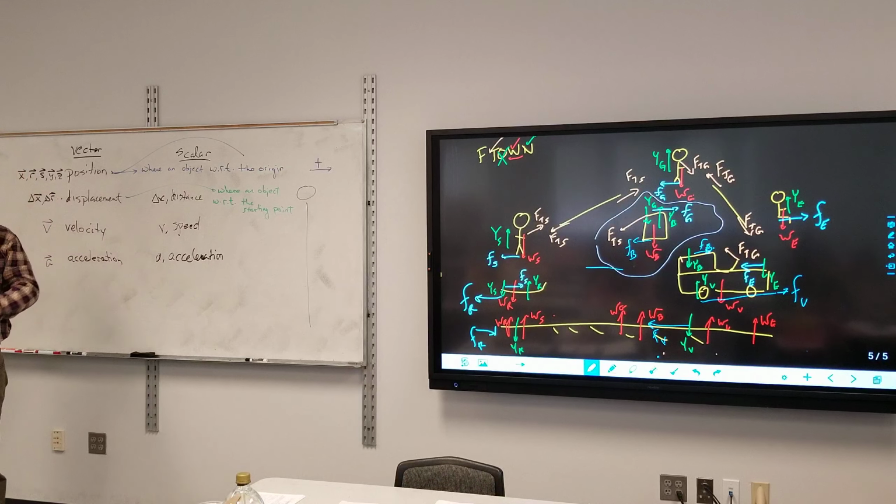Now, there are actually two types of displacement. There's overall displacement. And then there's instantaneous displacement.